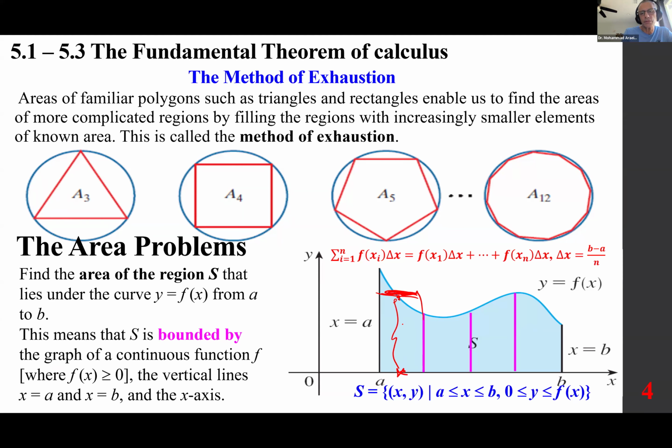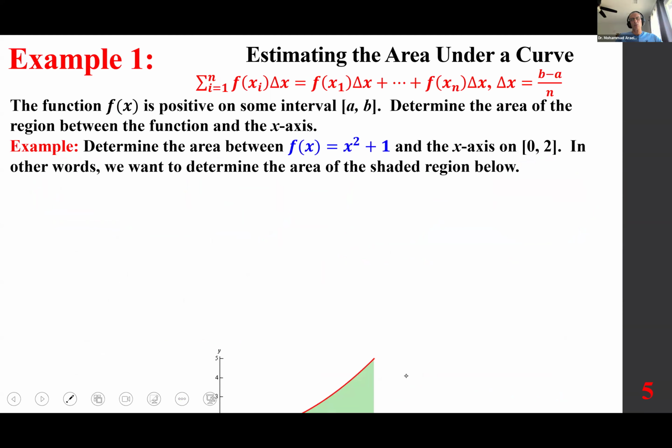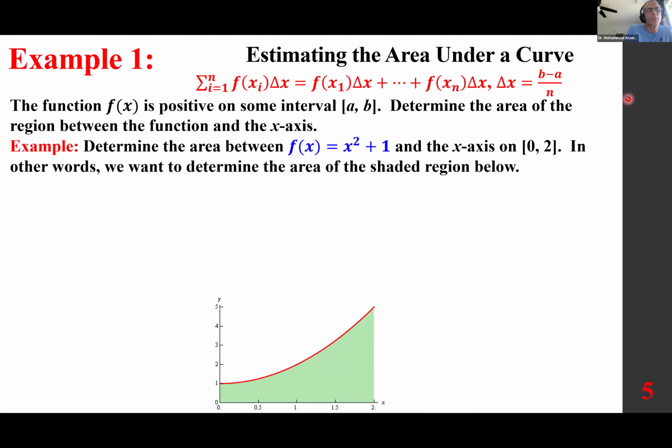So this is the height. So you can use any point here. The left one is the height, that f of a. The right one, f of a plus delta x, or the midpoint, or anywhere else. Makes no difference. It is an approximation. That's a methodology. We are going to do this as an example, reminding you of the Riemann sum.